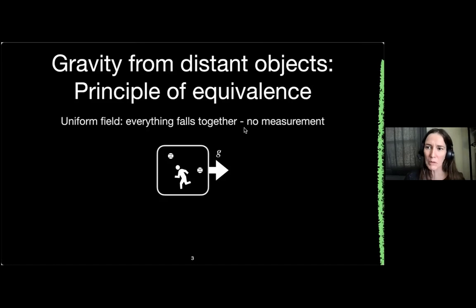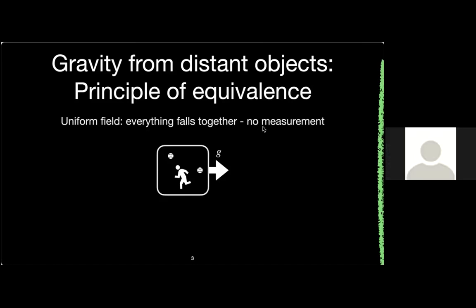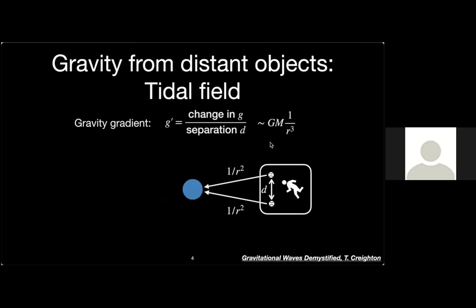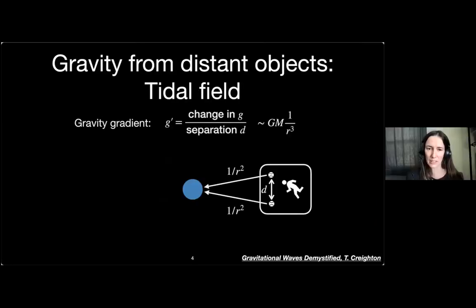So what we want to do to use gravity as an astrophysical tool is to think more about gravity from distant objects. The fundamental idea that's going to generate both our gravitational waves and all the influence of distant objects comes from the gradient of gravity, the change in the gravitational acceleration over a separation.